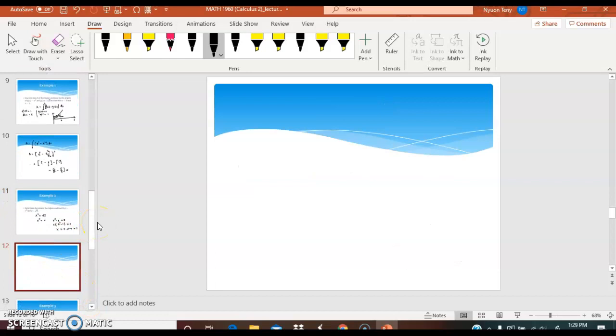We can graph these with our graphing calculator. We're going to find that the first function, x squared, has the following graph, and the second function has the graph that looks like that.